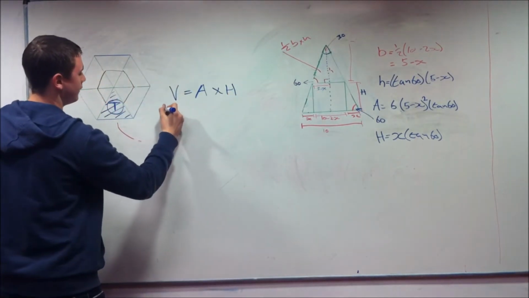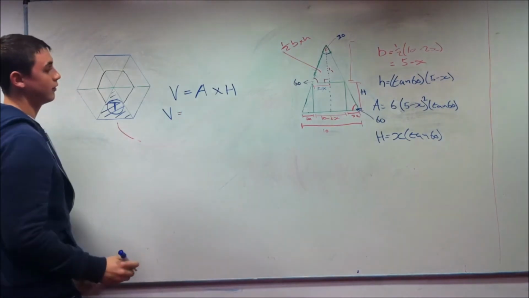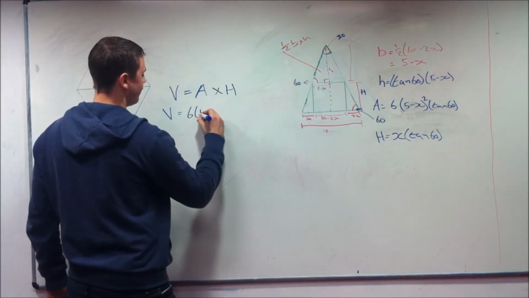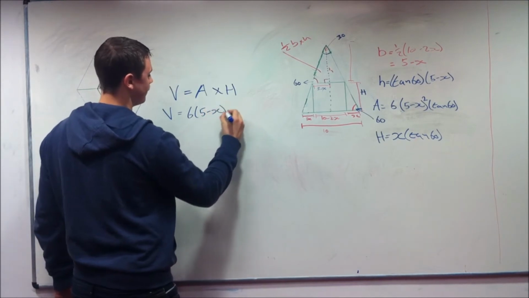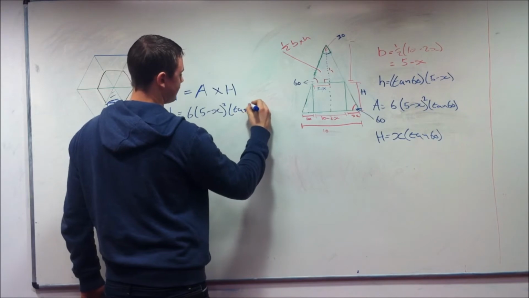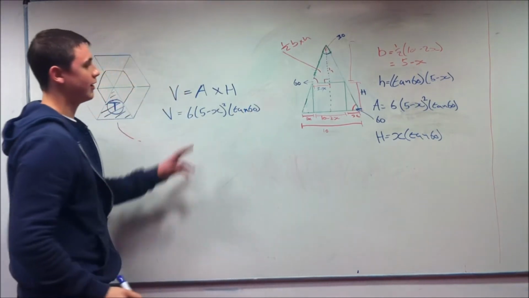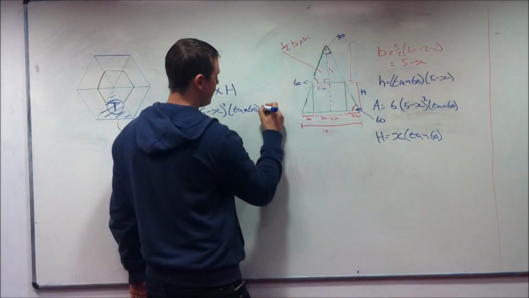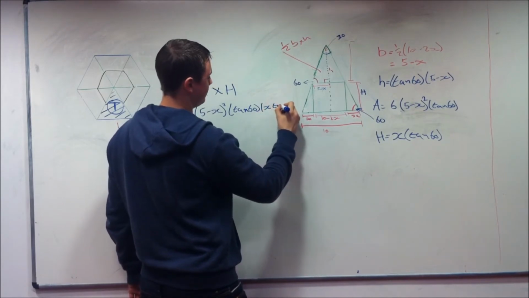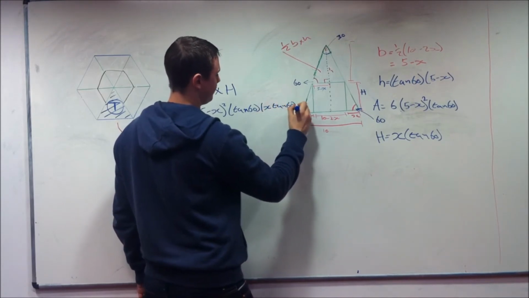So we can rewrite that as the volume equals this one, so 5 minus x squared tan 60 times that by x tan 60.